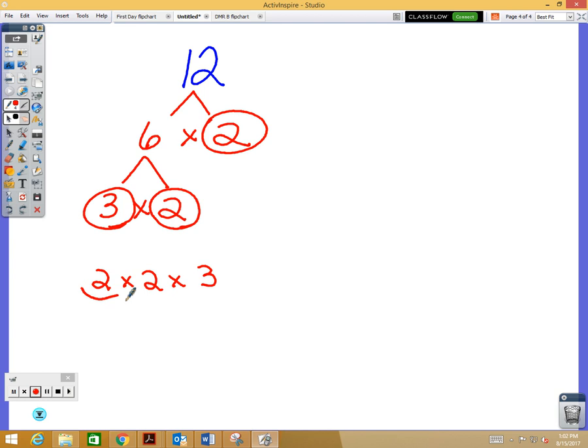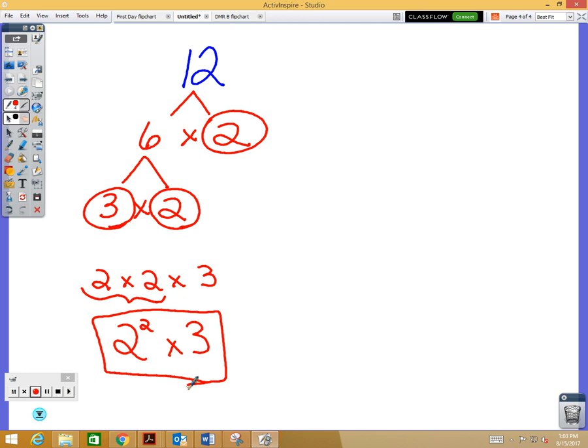And then I want to write any number that repeats with an exponent. How do you write 2 times 2 using an exponent? Keely? Good. 2 with another 2 on top. That little 2 tells you how many 2's you have. Times 3. And you're finished. There are lots of 2's in factor trees, you're right.